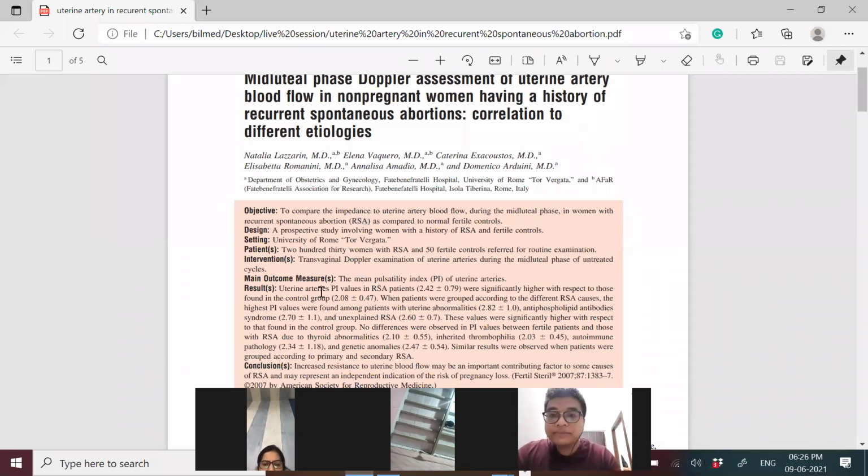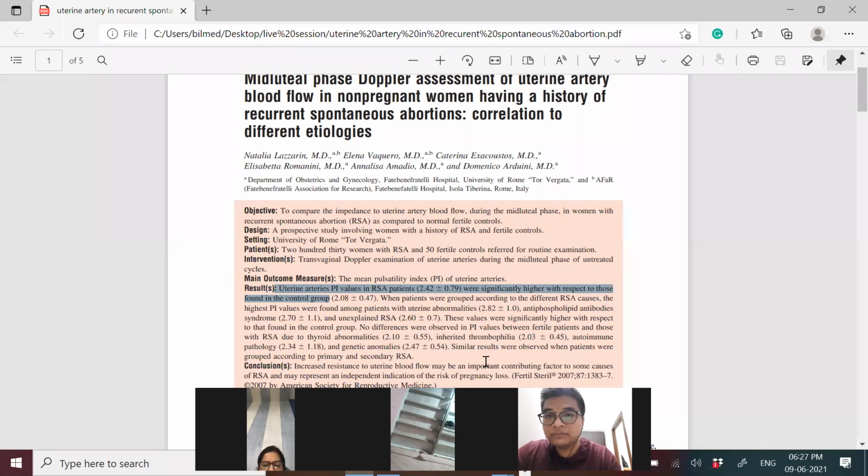Now, the uterine artery PI value in recurrent spontaneous abortion patients was significantly higher with respect to that found in the control group. It means even after the patient has conceived, and if the resistive index is high, there are high risks of having the abortion.